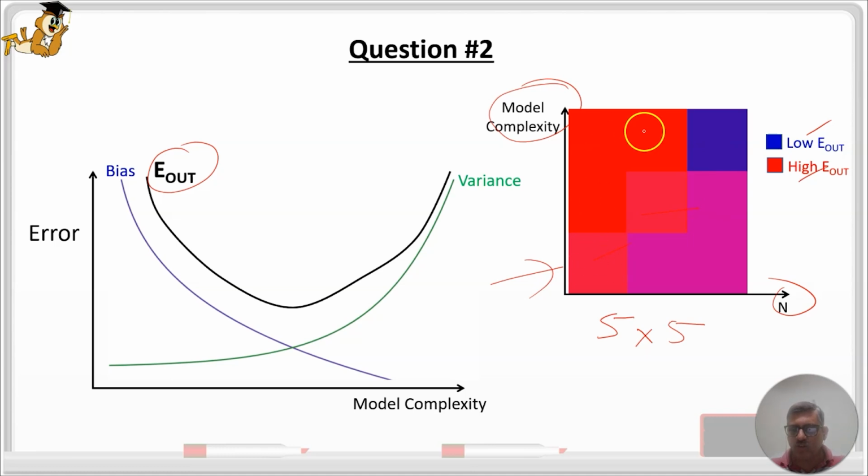So 25 squares in all. And I want you to carefully select the color of each of the squares in this grid. So 25 different colors, where deeper shade of blue represents lower and lower Eout, deeper shade of red represents higher and higher Eout, and I want each of those 25 squares to have a different color. That will completely help you understand the behavior of model complexity versus N in influencing Eout.